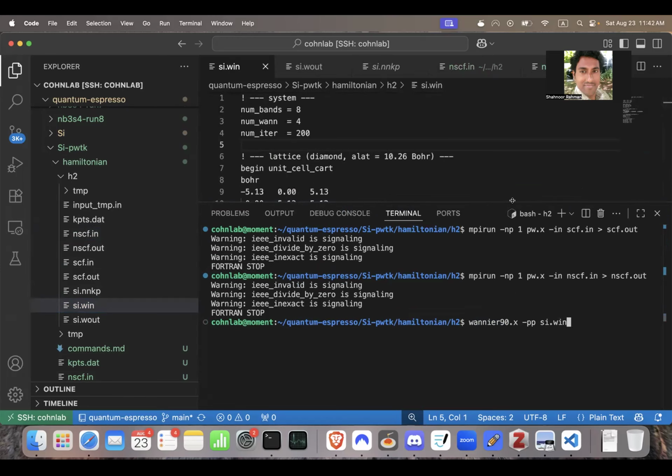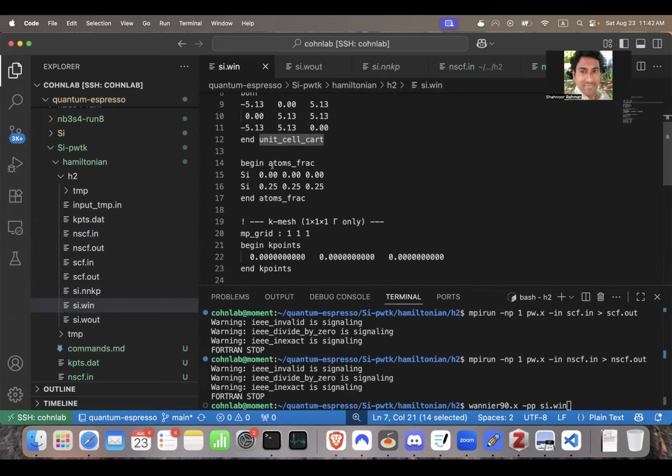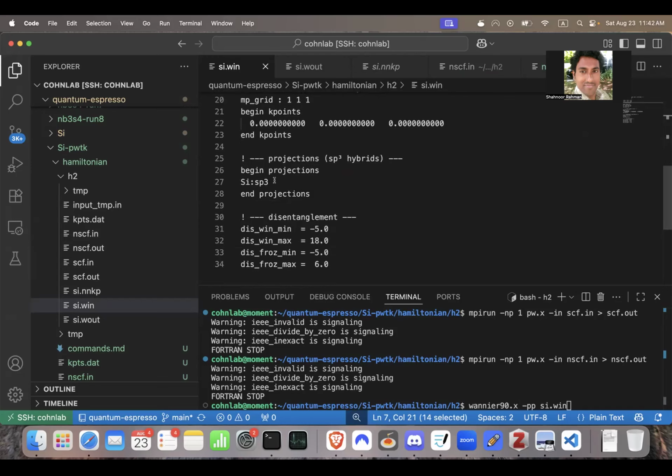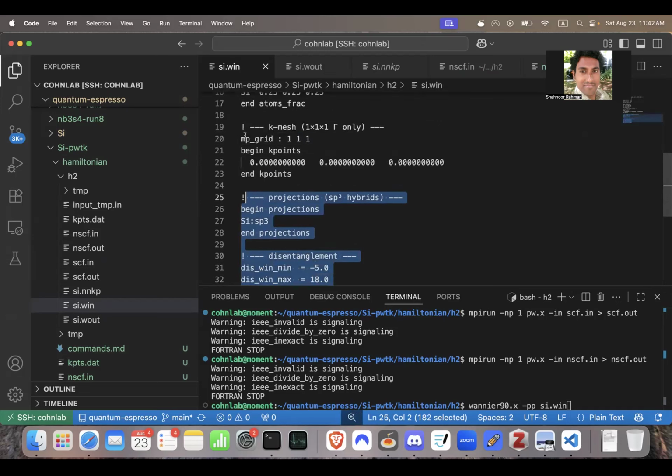So let me talk about this input file a little bit. Now you provide the number of bands and number of iterations and the unit cell, and some projections that are important there, and disentanglement. But these are not the problems. These are okay.